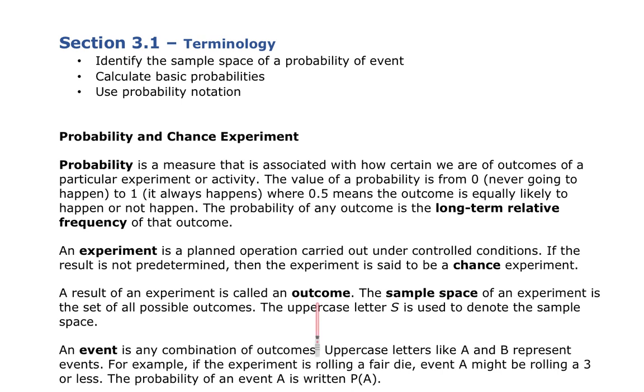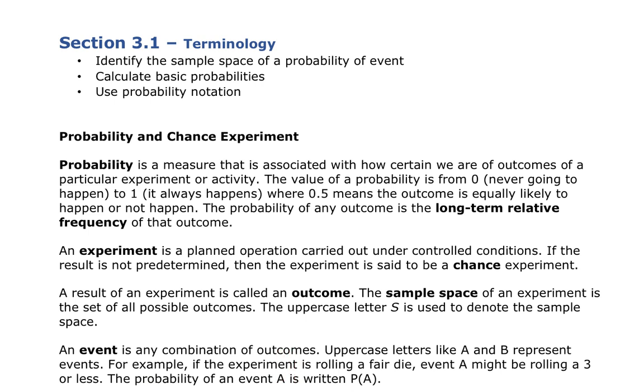The result of an experiment is called the outcome. The sample space of an experiment is the set of all possible outcomes. So if you are flipping a fair coin, you have a choice between a head and a tail, and that would be the possible outcomes for one flip of a coin. Uppercase letter S is used to denote the sample space, and an event is any combination of outcomes.